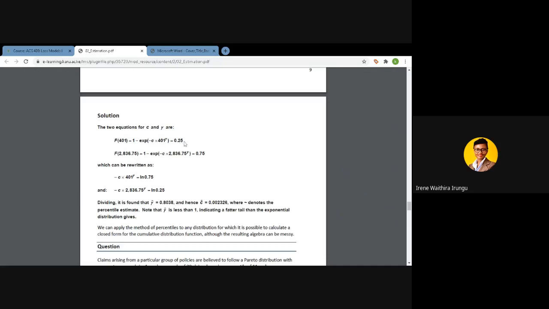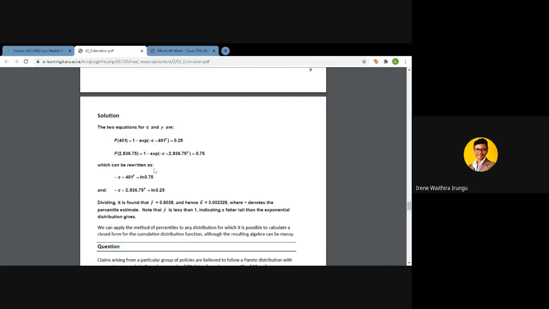So once you express your equation like so, you can see again we have 2 unknowns, and therefore it is important for us to have 2 equations so that we can solve them simultaneously. If you only had one of them, then it's not possible to solve for C and gamma. If you have 2 unknown parameters, then the least number of equations you should have is 2.